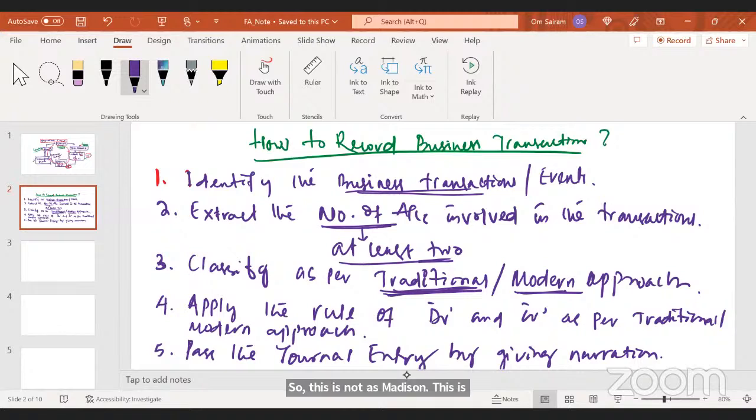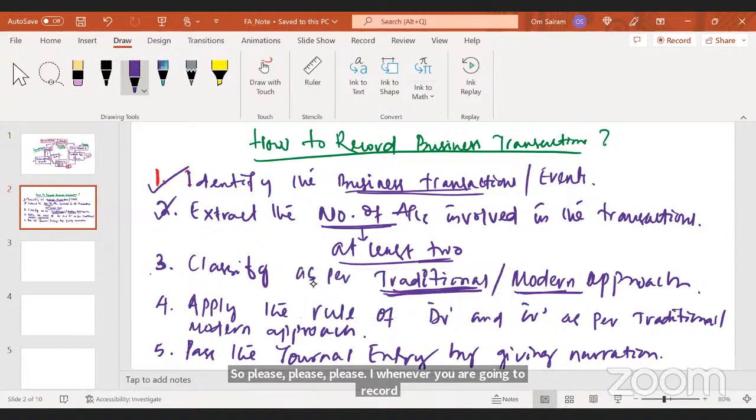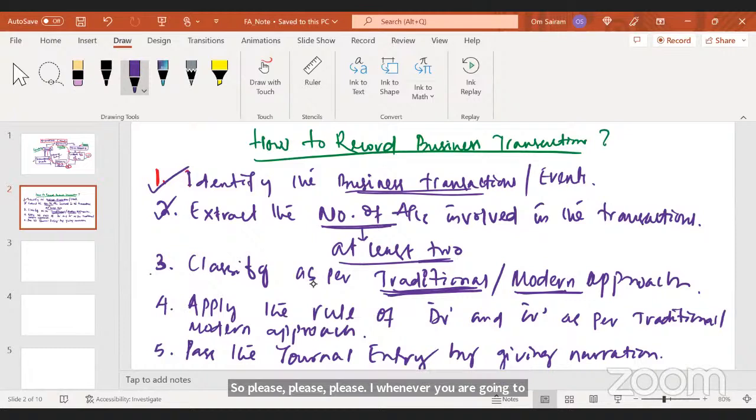So please remember 5 steps whenever you are going to record a business transaction. Step number 1, once again I'm repeating, identify the business transactions or events. Step number 2, extract the number of accounts involved in the particular transactions or events. Then step number 3, classify the accounts you have extracted in step number 2 as per the traditional approach or modern approach.